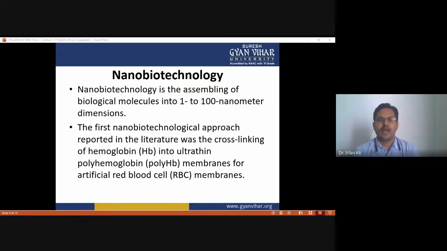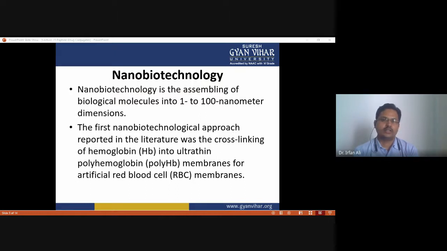These dimensions can be the diameter of nano-dimensional artificial cells, or any particle or membrane with nano-dimension thickness, or nanotubules with nano-dimension diameter. Anything which comes under the nano range could be studied under nanobiotechnology.